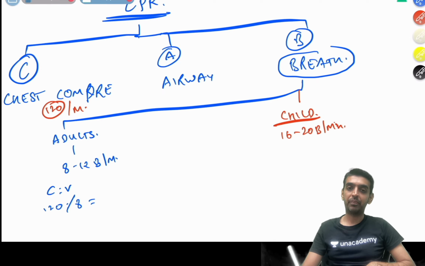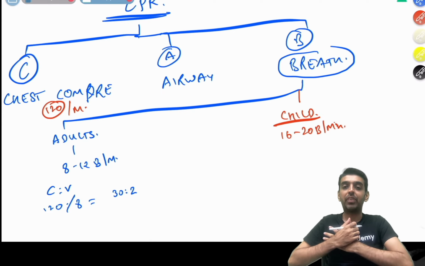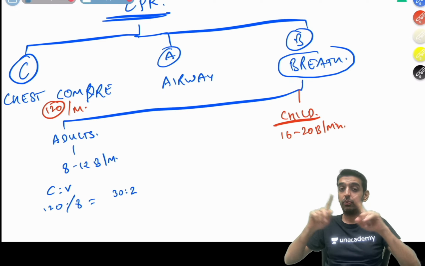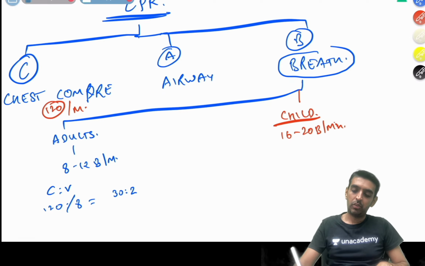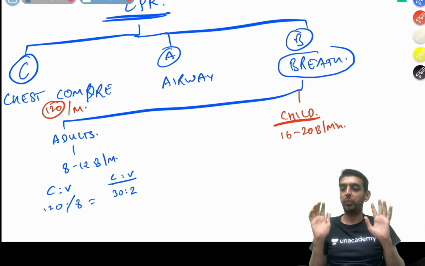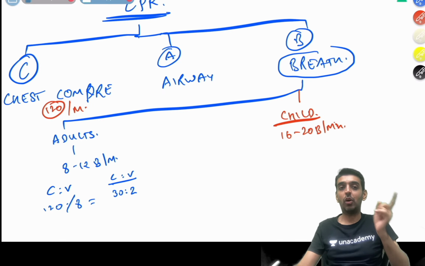So it becomes 30:2. For every 30 chest compressions, I will be giving 2 breaths. Understood? From where did this ratio come? So the chest compression to ventilation ratio in adults is 30:2. Clear?